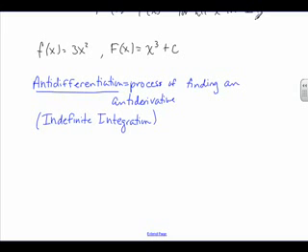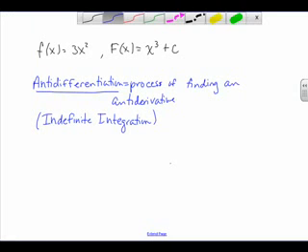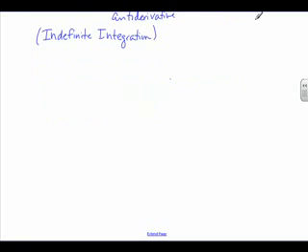All right. What I'd like for you to do next is take a look. I'm going to give you some examples to work, and I want you to find an antiderivative for each of these functions.